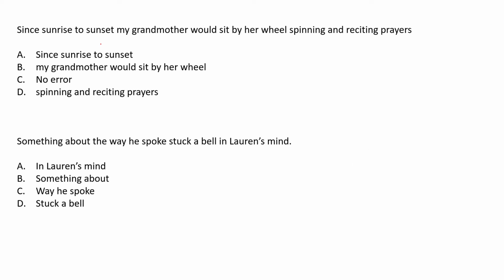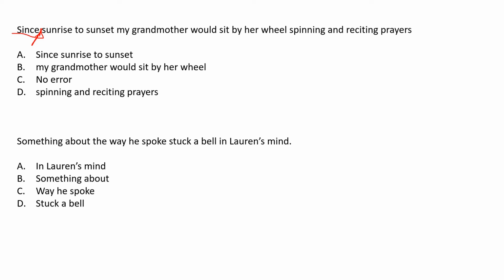Since sunrise to sunset, my grandmother would sit by her wheel spinning and reciting prayers. So since has been used here, and you know that since we use with perfect continuous tense, right? Whether it's present perfect continuous or past perfect continuous, then we use since, and since is basically used to denote time in that sense.